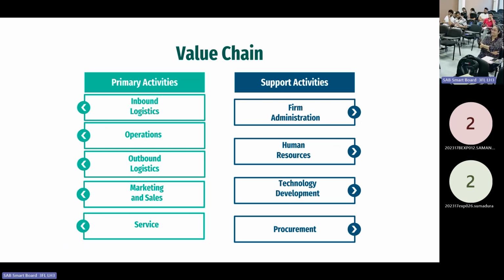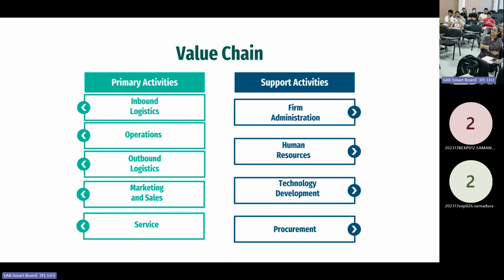Services could even be customer service, or sometimes the service to the employees inside the organization. Good. So these will be the primary processes commonly in any organization. And some supporting activities also: the administration, then the HR, the human resource, and the technology development, and even the procurement we can consider.